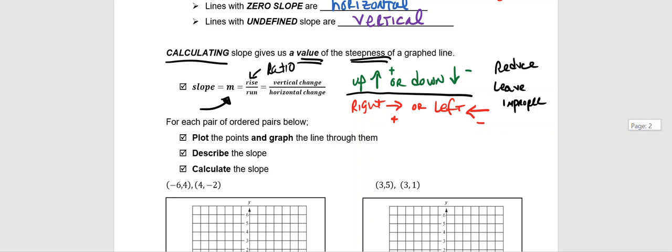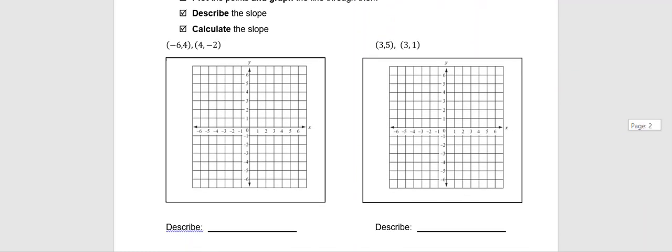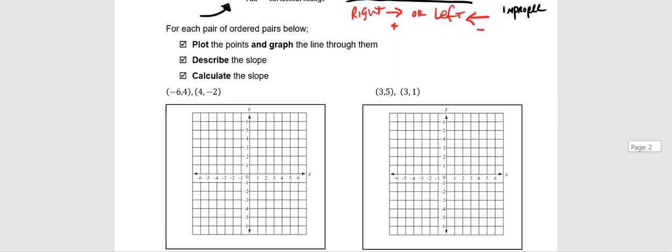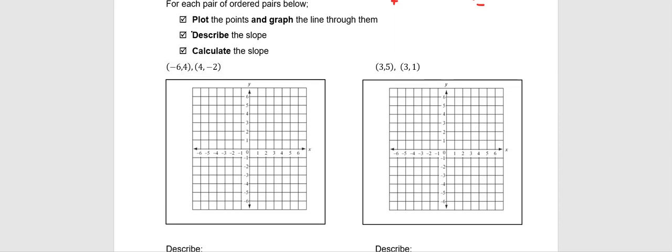So to be able to calculate slope, naturally what we're going to need to be able to do first is to graph a line. And the way we're going to do that to start is to plot 2 points, the minimum 2 points that we would need, graph the line, and then get right to counting the rise and run accordingly. Okay, so let's plot our points, because that's the first thing we'll want to do.